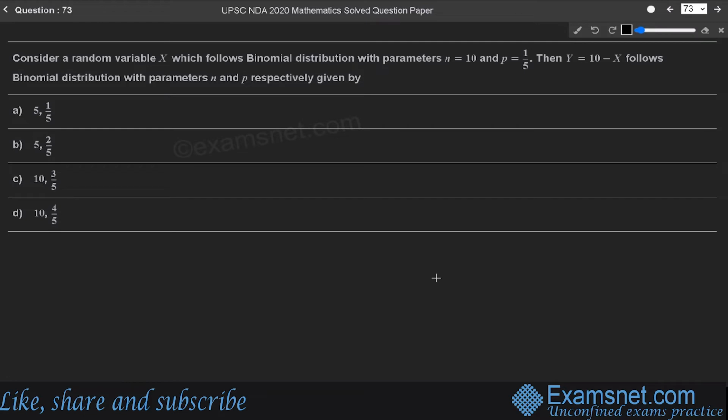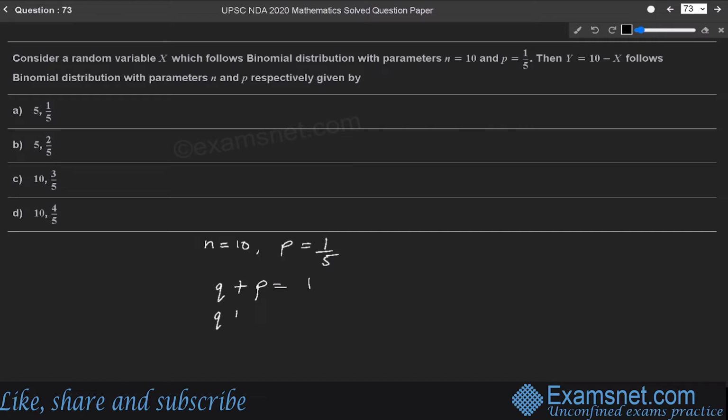First, let us write the values which are given in the question. So from the question we know that n is equals to 10 and p is equals to 1 by 5. Also, there is a concept that p plus q is always equals to 1.